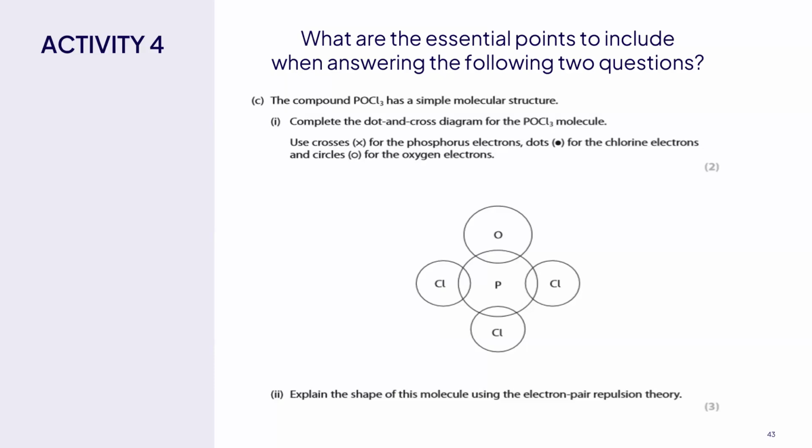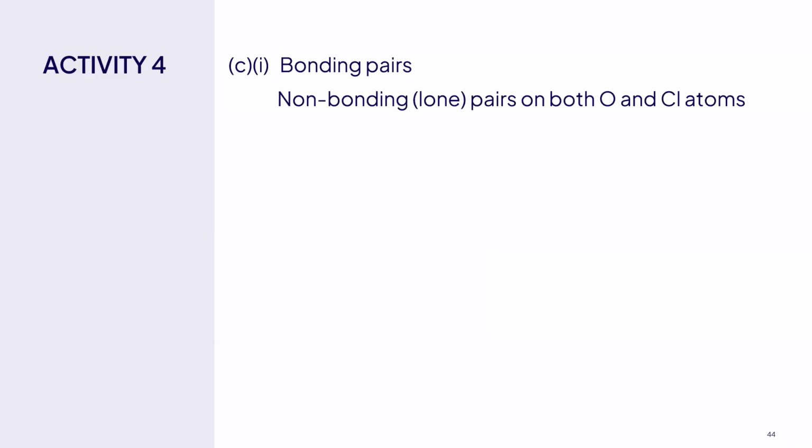And then the second bit is explain the shape of the molecule using electron pair repulsion theory. So my thought process here is that first of all, they should show the bonding pairs, and then they should show all the non-bonding or lone pairs, if you want to call them that, on both the oxygen and the chlorine atoms, and that will give them the 2 marks.